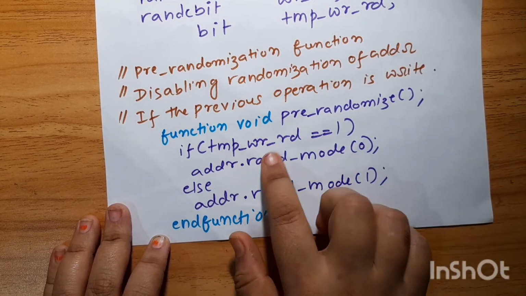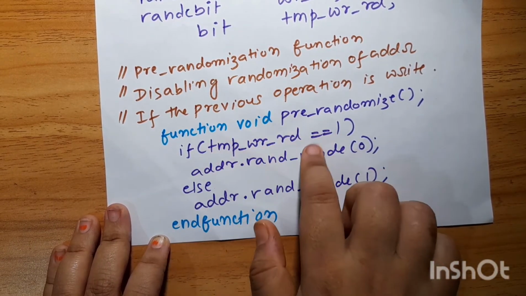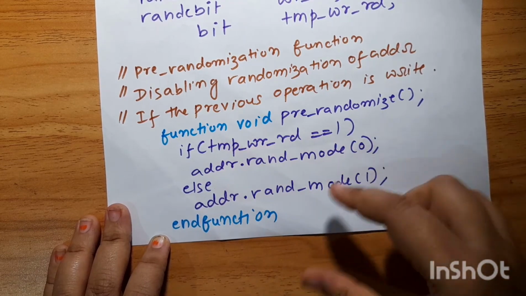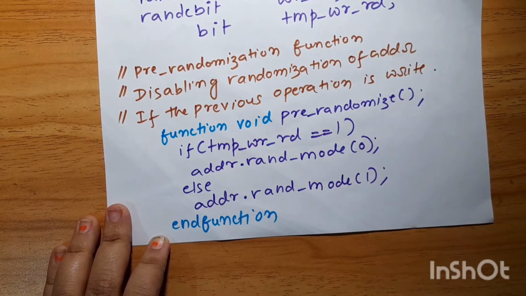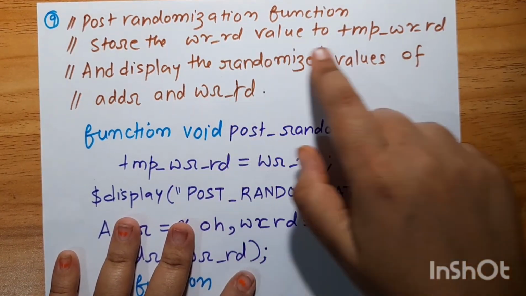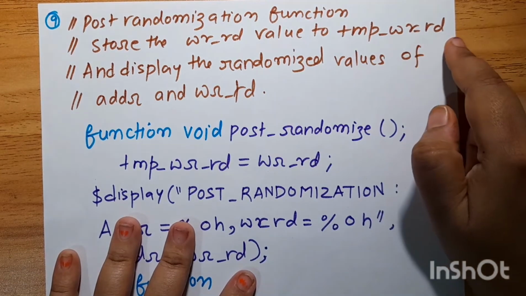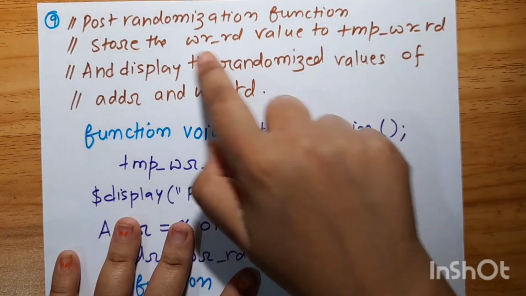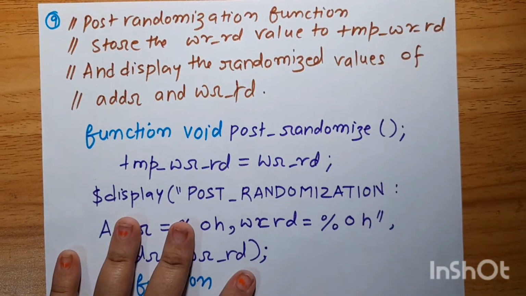So this temp_write_read, how are we getting the value 1 and how are we able to check it in pre_randomize? We are doing it in the post_randomize method. In the post-randomization function, store the write_read value to temp_write_read. write_read is actually a variable in the class packet.